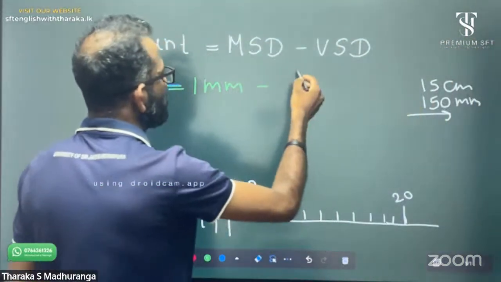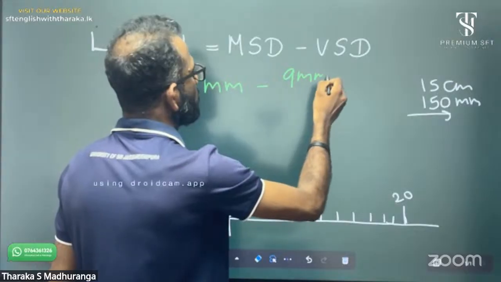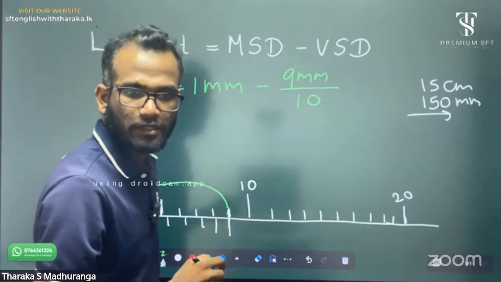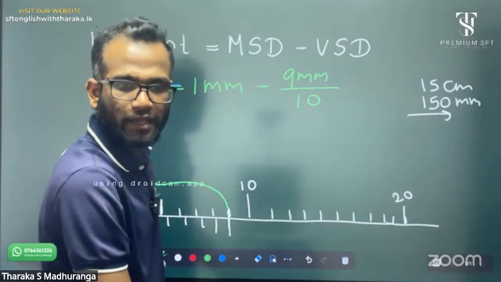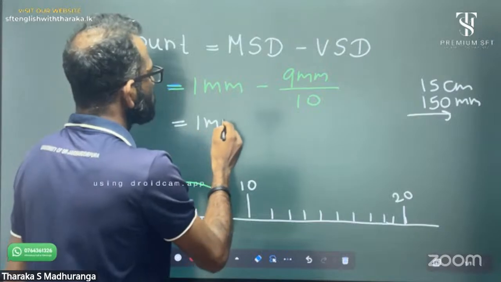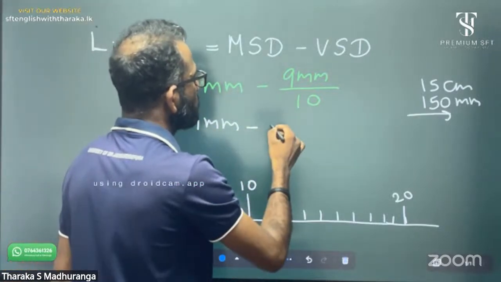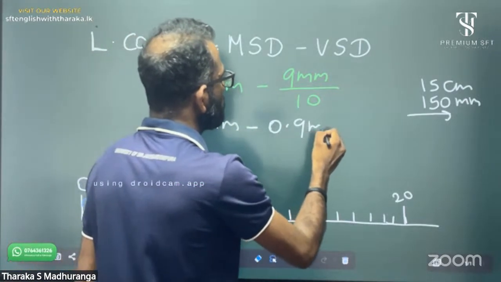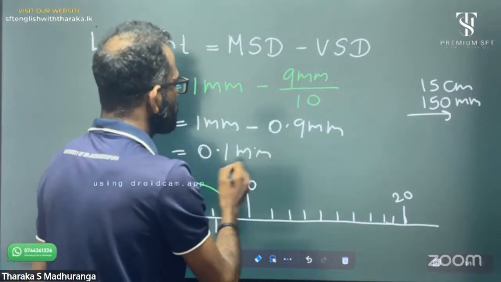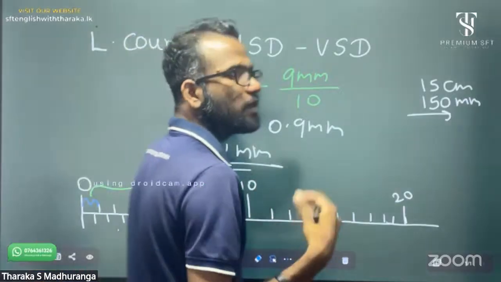Then 9 millimeter divided into 10. Then we can get one vernier scale segment, the length of one part. That's the method. Then we can get 1 millimeter minus 9 over 10, which means 0.9 millimeter. Then we can get 0.1 millimeter.